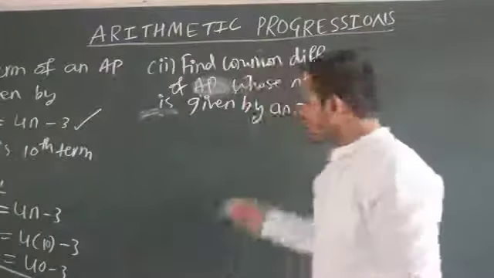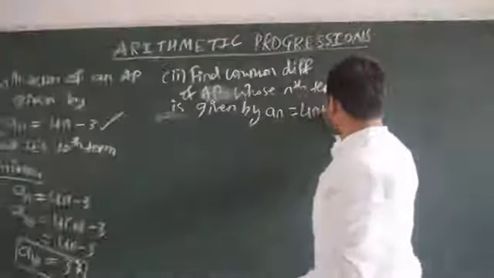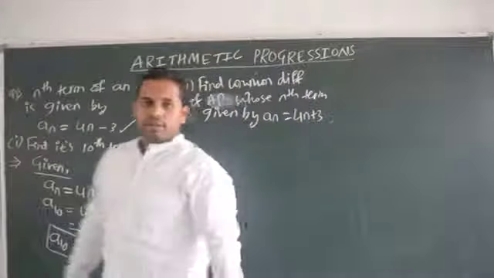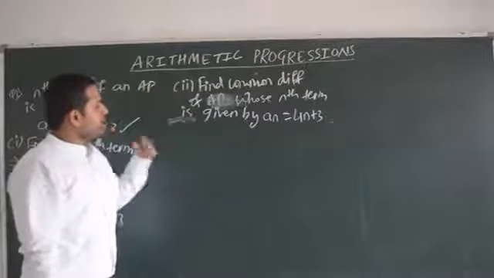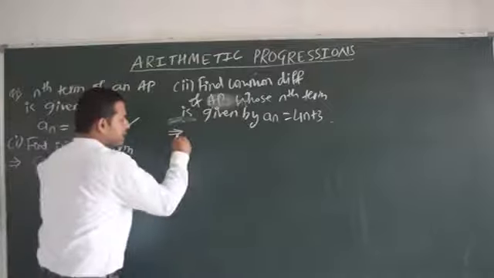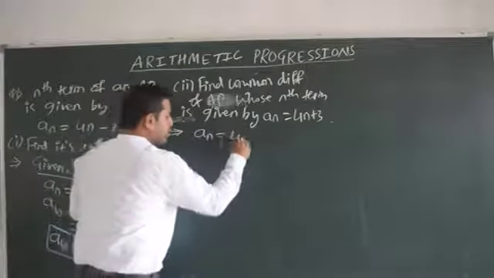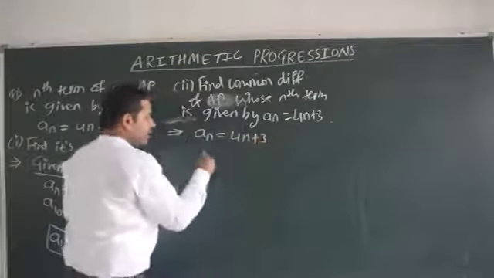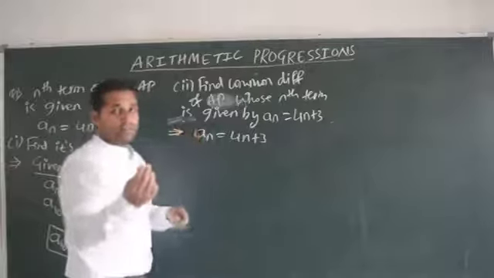Instead of 4n minus 3, you can take 4n plus 3 also. No issues. Are you understanding this question? Find the common difference of AP whose nth term is given by an is equal to 4n plus 3. Okay, an is equal to what is given? 4n plus 3.